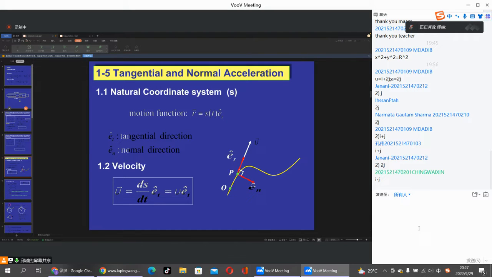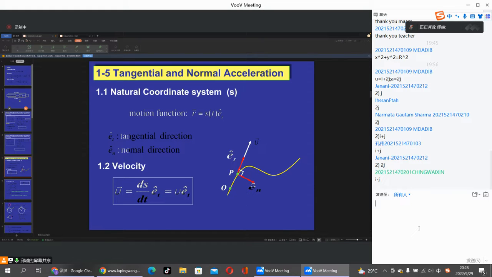And the motion function for the natural coordinate system is expressed with the displacement vector r, and it equals s. S is a function of t, and the tangential unit vector e.